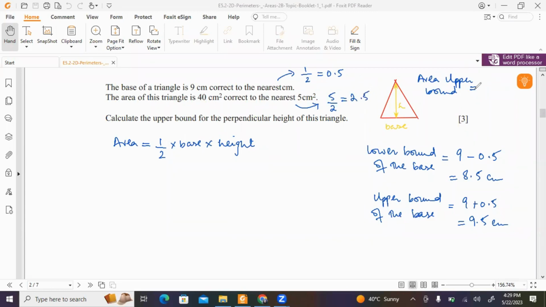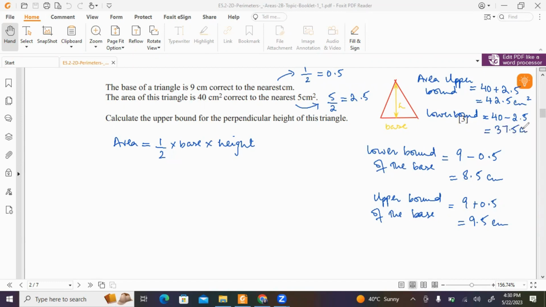For the upper bound of the area, we're going to do 40 plus 2.5, which is 42.5 centimeters square. And for the lower bound of the area, we're going to subtract 2.5. That's how we calculate the upper bounds and lower bounds, depending on what it's correct to, like the nearest centimeter, significant figure, decimal place, or so on.